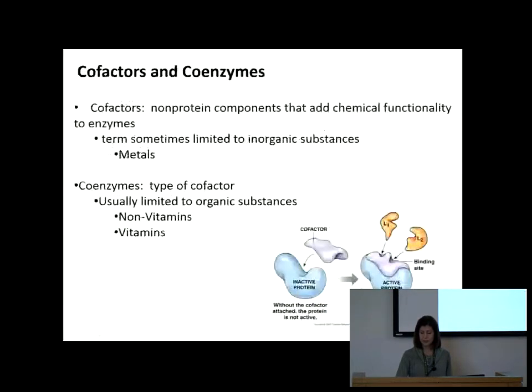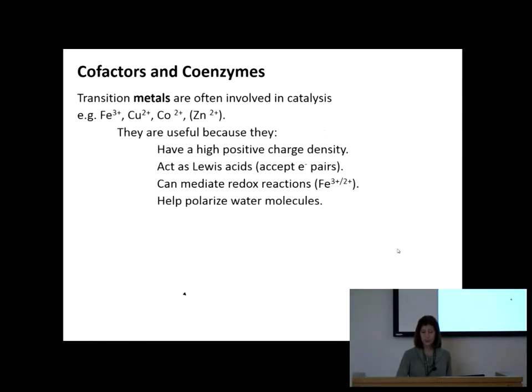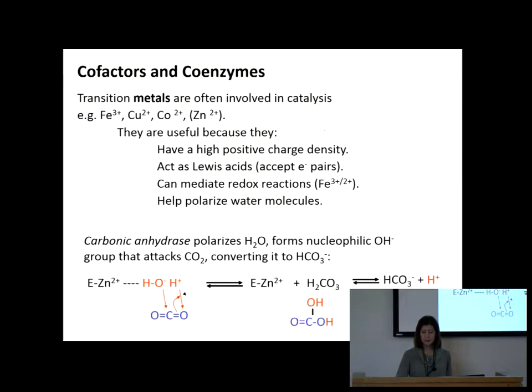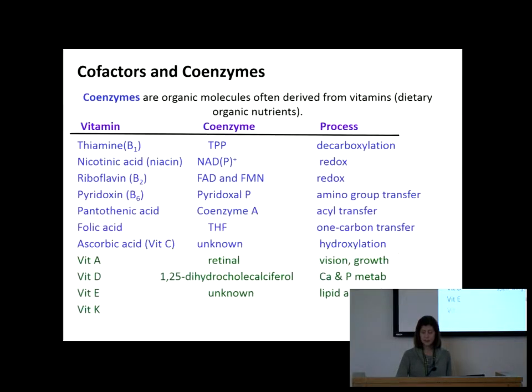If you see, right there, here you have your inactive protein. You're going to then put the cofactor in, and then it activates it. So these things, the metal ions and all these vitamins, they are going to activate your inactive protein, the peptide chain.